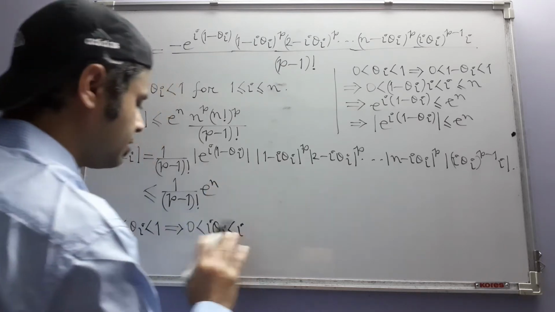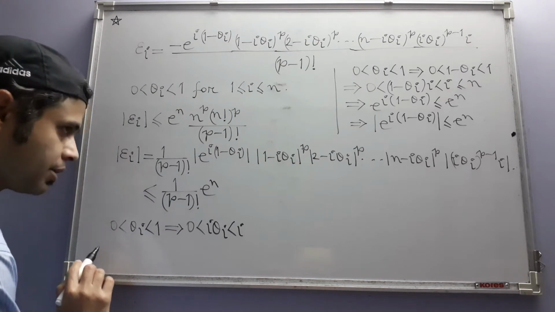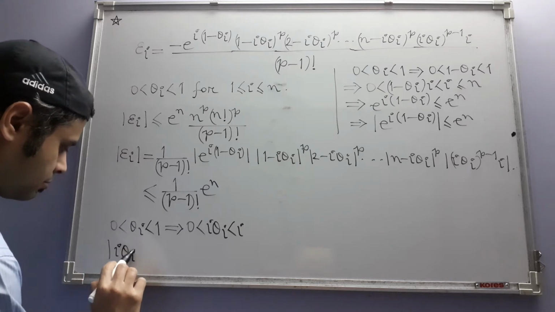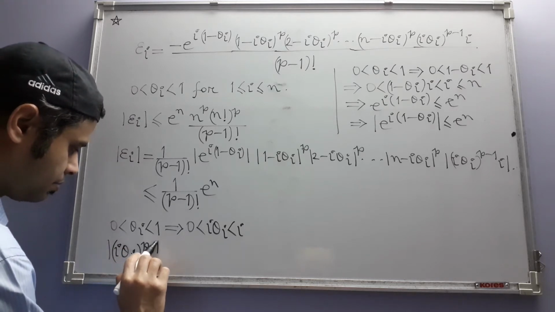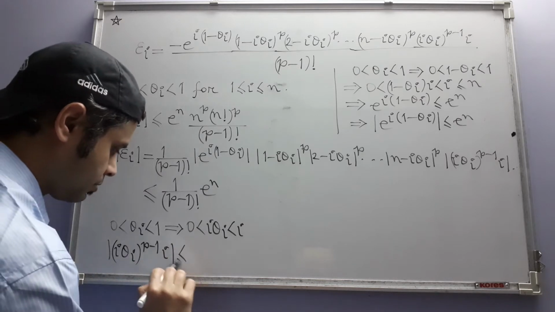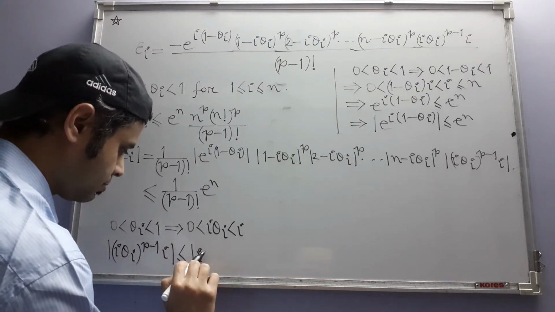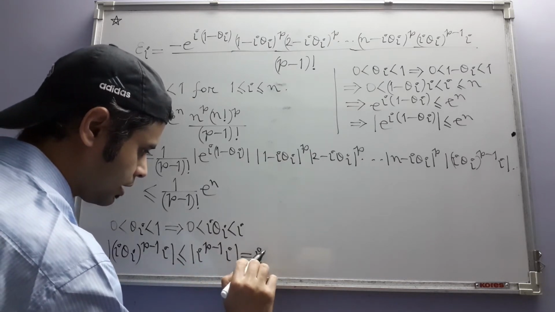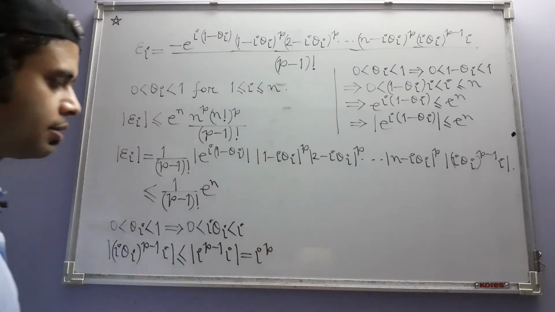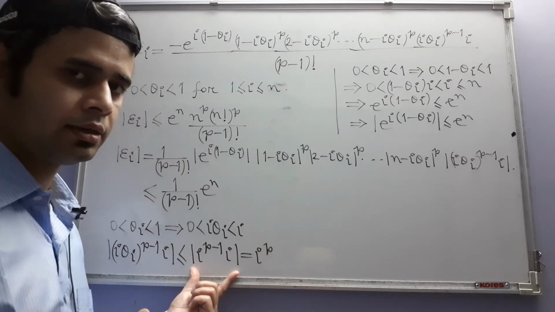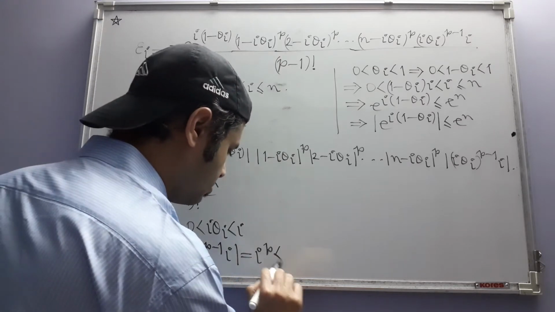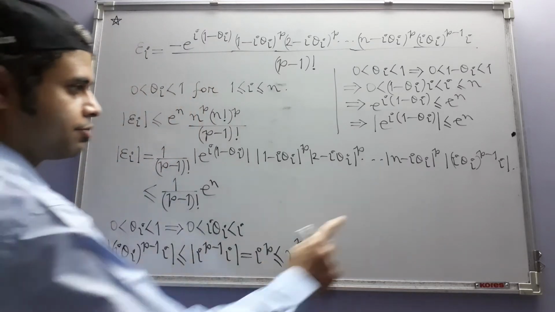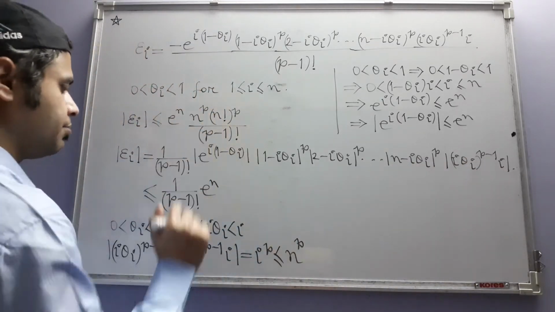Or in fact, let us just do the calculation here itself. (i theta i) to the power p minus 1 times i is less than or equal to i to the power p minus 1 times i, which is equal to i to the power p, and because i is a positive integer, there is no need to write absolute value, and because i is less than or equal to n, we get this. So in place of this we can write n to the power p.